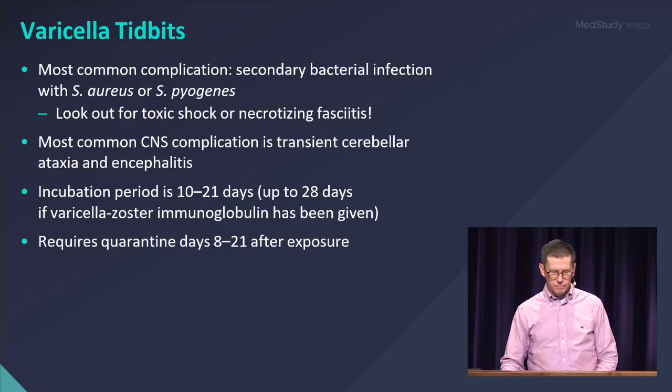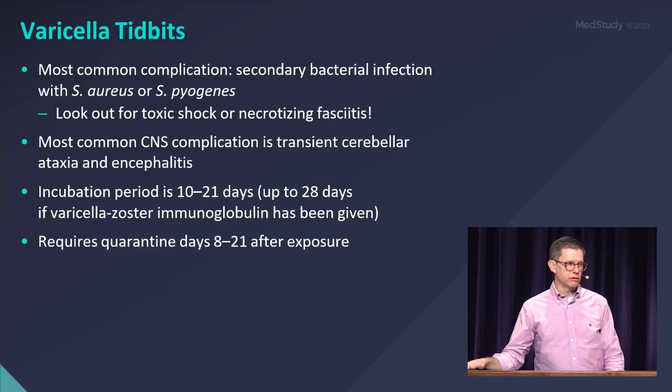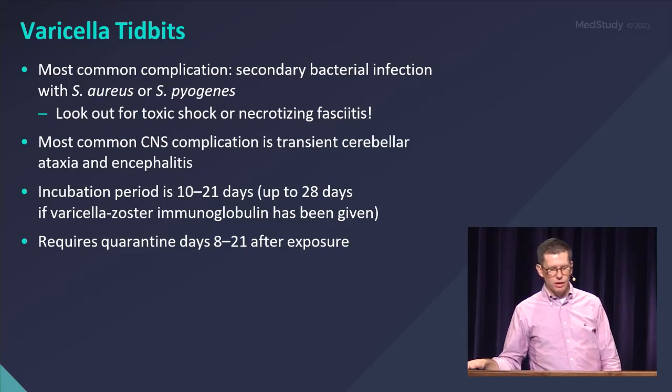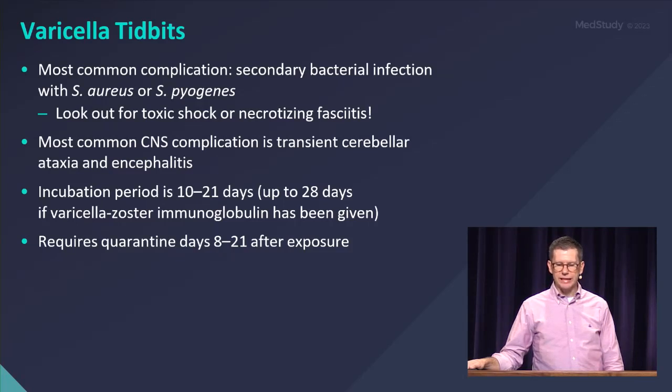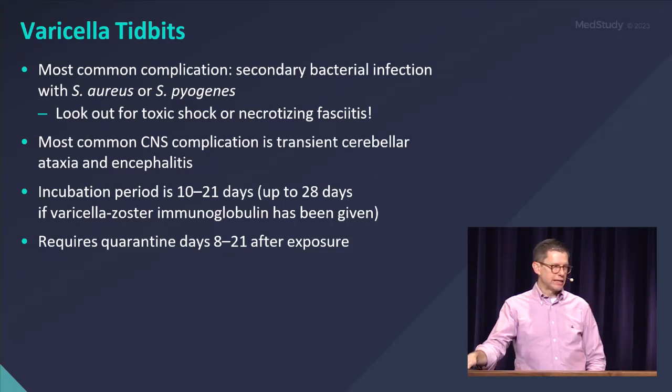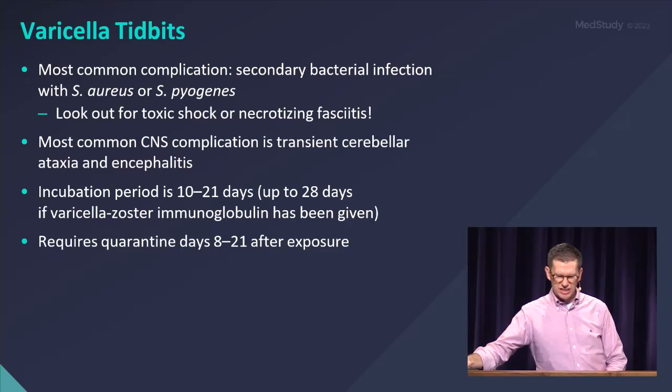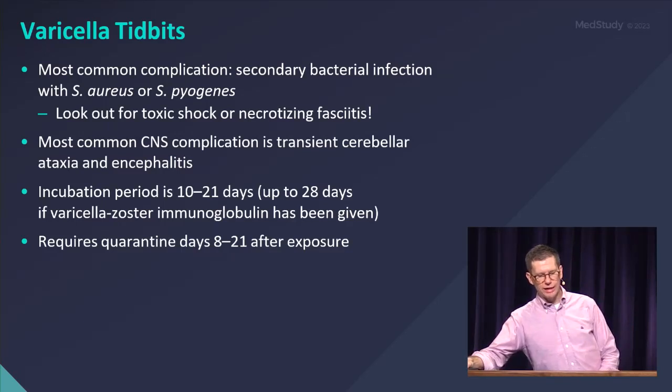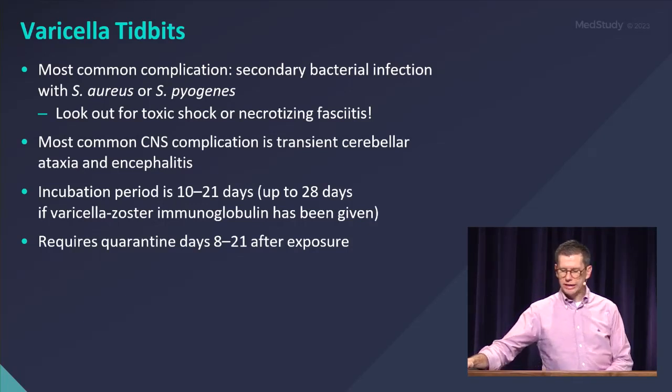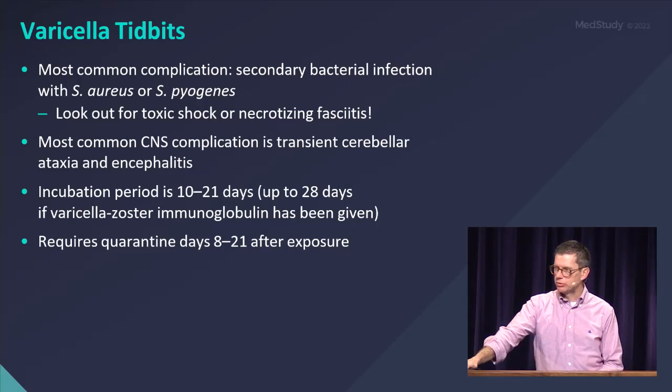The most common complication of varicella is something we saw earlier, secondary bacterial infection with Staph aureus or group A strep, more commonly group A strep. The most common CNS complication is transient cerebellar ataxia or encephalitis, and the incubation period is 10 to 21 days, up to 28 days if varicella zoster immunoglobulin has been given, and then quarantine is days 8 to 21 after exposure.